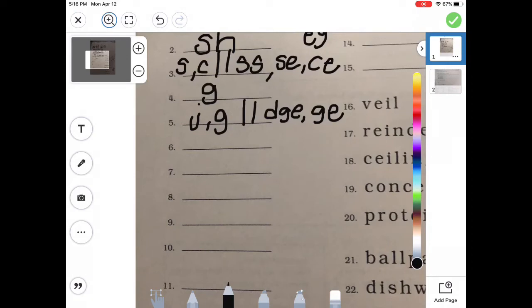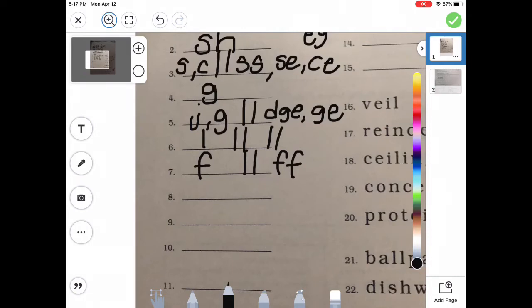All right, what about the L sound? L, or final L-L. Remember, sometimes it has that double L at the end. Okay? What about the F sound? F, or final F-F. It follows that floss rule too.